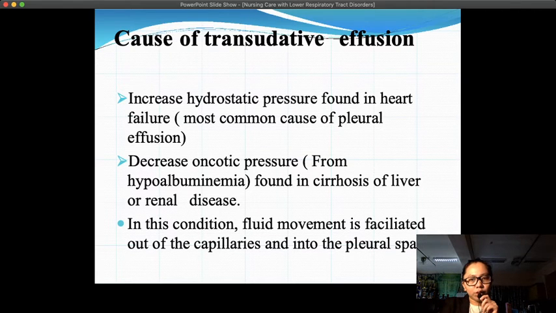So causes of transudative effusion: increased hydrostatic pressure found in heart failure, the most common cause of pleural effusion. Decreased oncotic pressure from hypoalbuminemia found in cirrhosis of liver or renal disease. In this condition, fluid movement is facilitated out of the capillaries and into the pleural space.